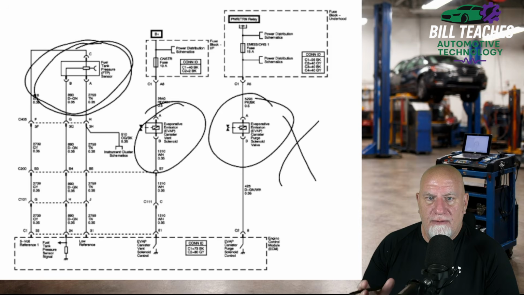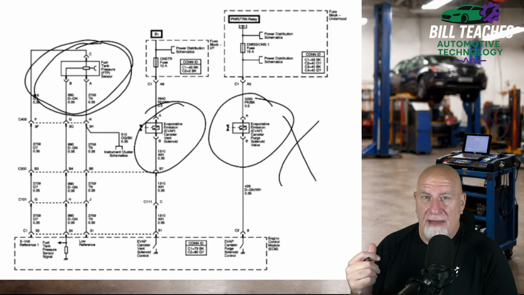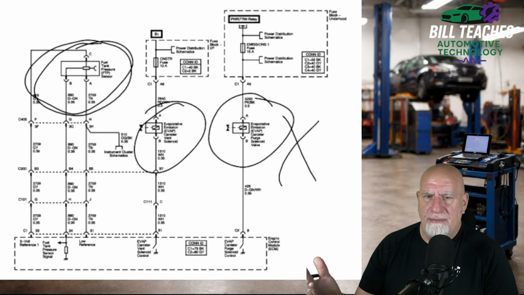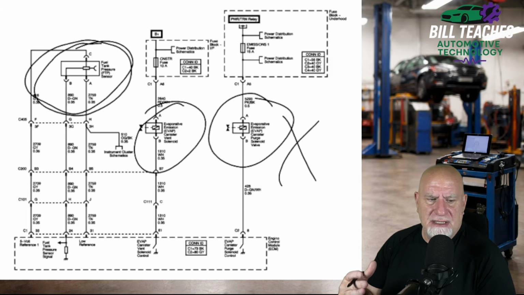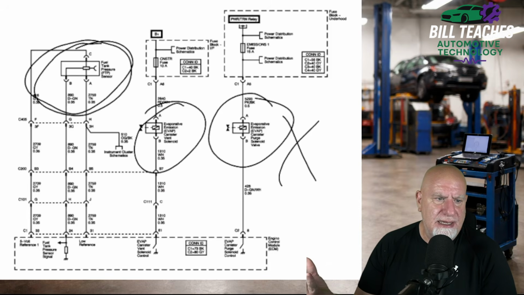But again, you're looking for a slow bleed. If it bleeds off really quick, then you're probably going to have a large leak detected. If it bleeds off moderately fast, it'll probably set a slow leak detected code. And then it's just a matter of figuring out where your leak is.